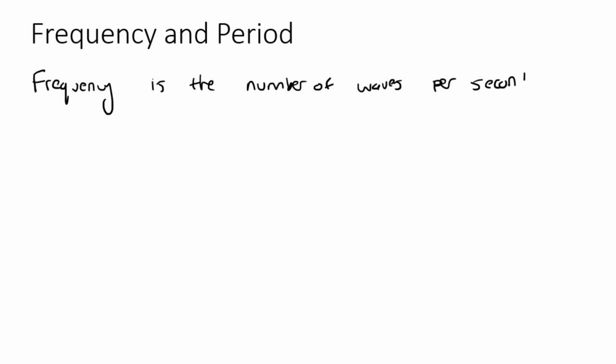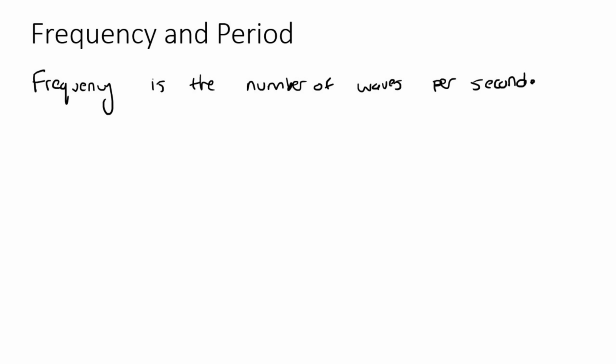The next thing I want to talk about is frequency and period. So listen carefully, because here's where learners often get very confused. Frequency is the number of waves per second.